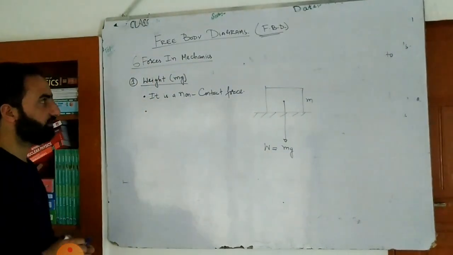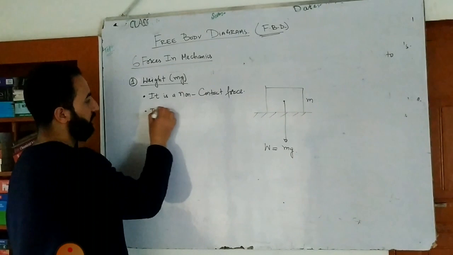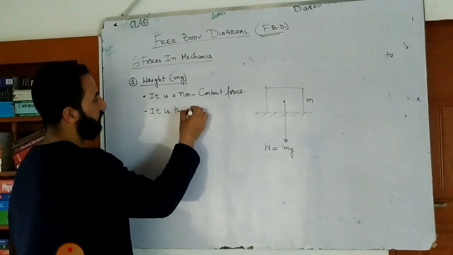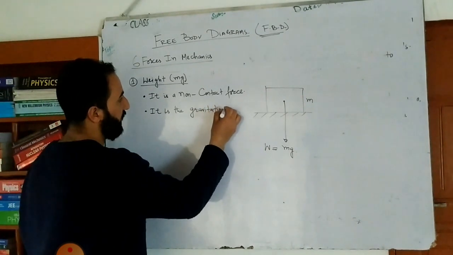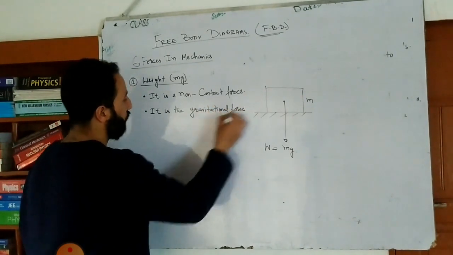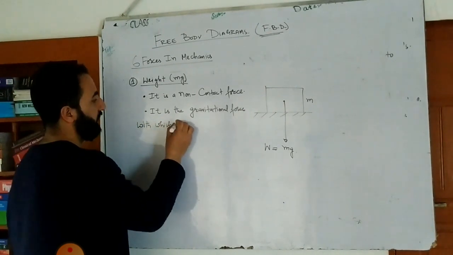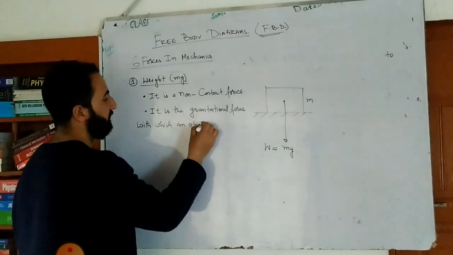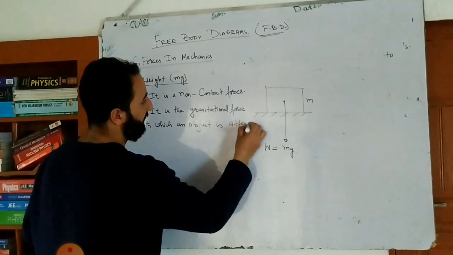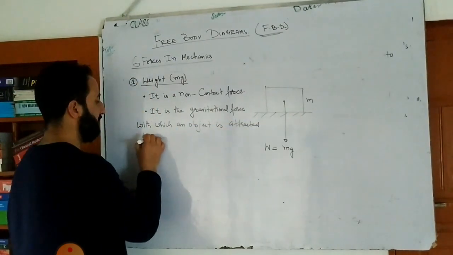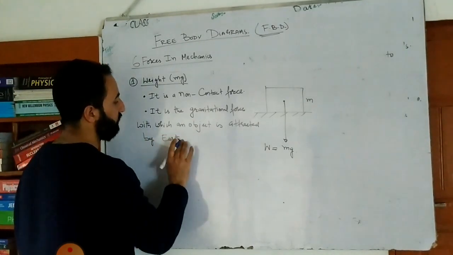Simply, the definition of weight is that it is the gravitational force with which an object is attracted by Earth towards its center.